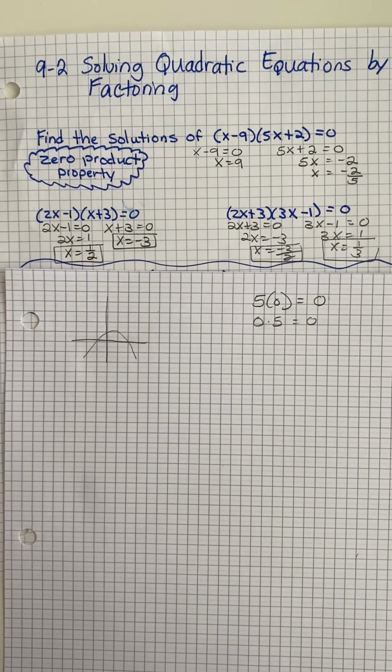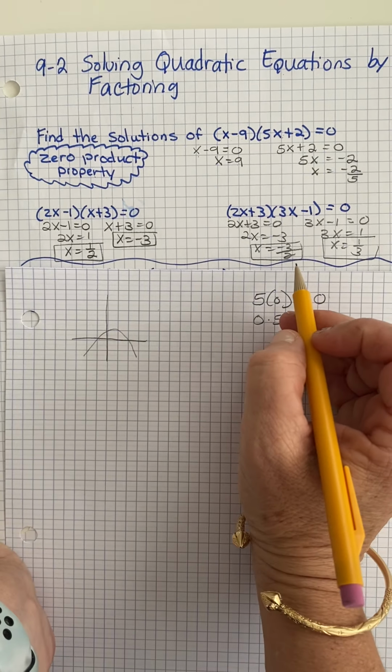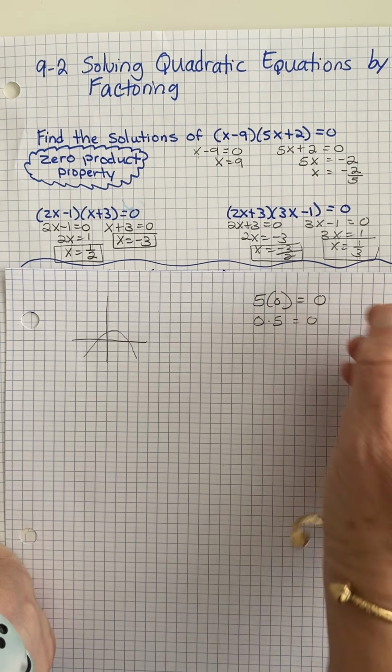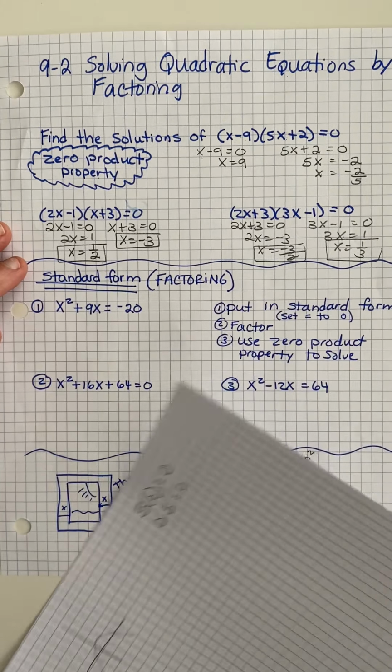So if I have a parabola, I know that they're going to go through the x-axis at negative 1.5 and 1/3. All right? So that's obviously going to lead us to something.